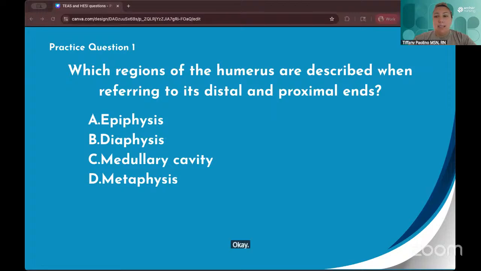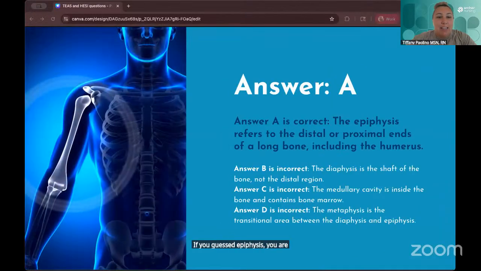Okay, I see a couple guesses here. One more second. If you guessed epiphysis, you are correct. Good job. Here's a picture of the humerus. So it's the distal and proximal ends of the long bone, including the humerus.